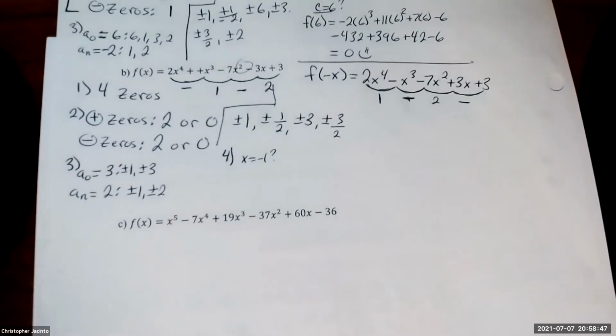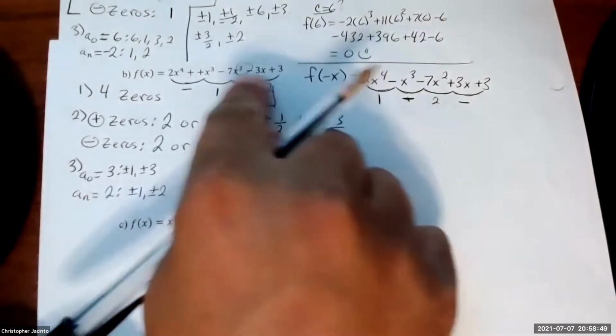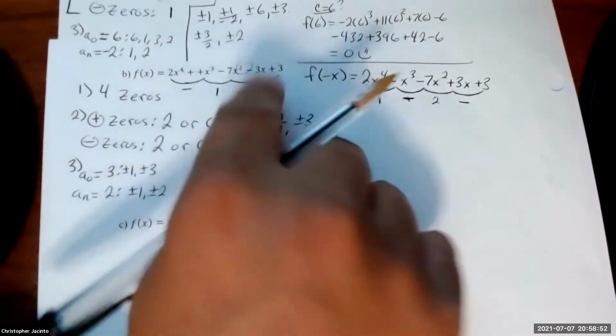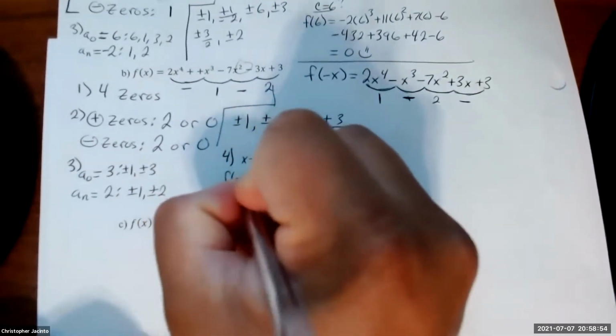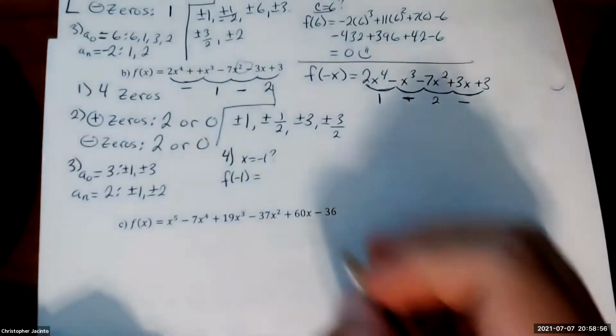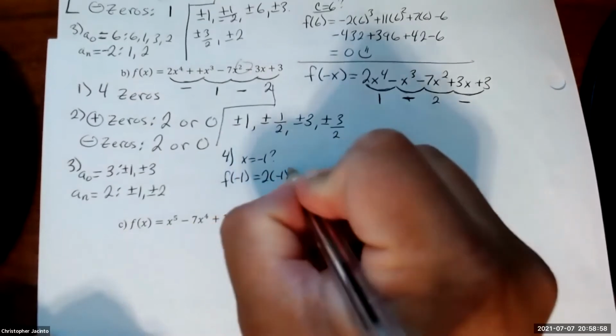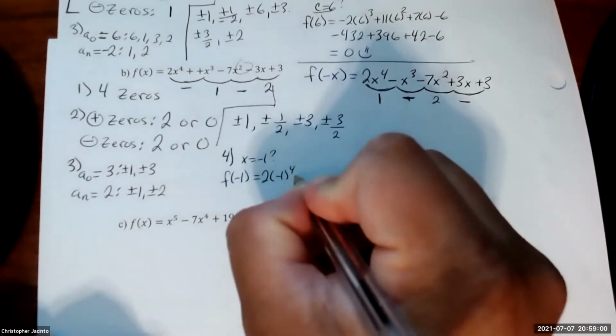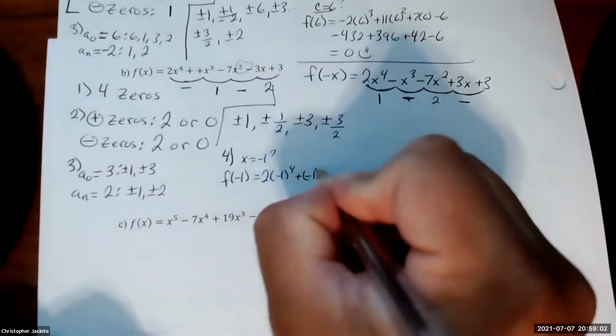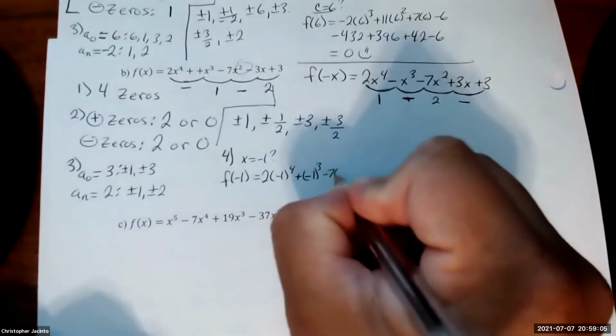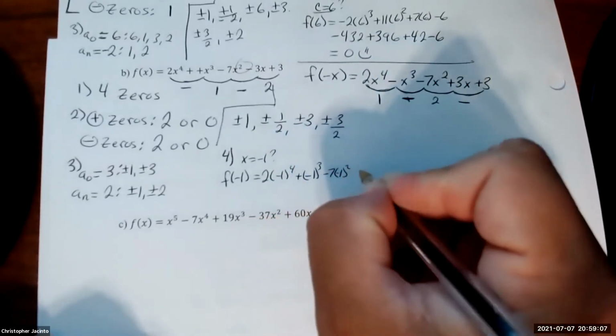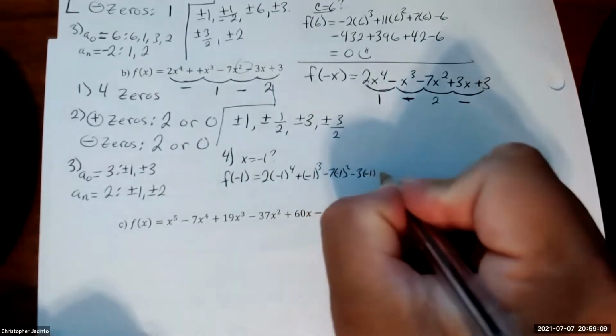Again, we're just going to plug it in and see what we get out. So f of -1 is 2 times -1 to the 4th plus -1 to the 3rd minus 7 times -1 squared minus 3 times -1 plus 3.